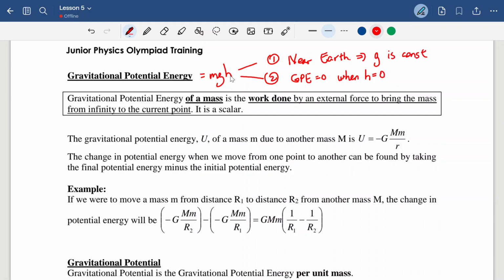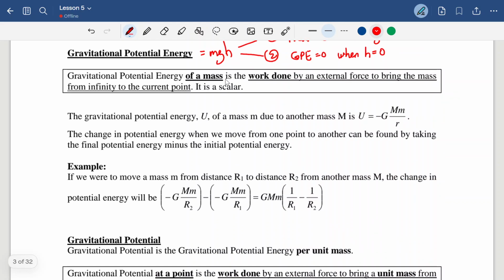It may not be just for Earth. You can use it near the Moon's surface, near the surface of Mars also. Any planet, the same thing. Now, when we go further away, this is the formula: negative GMm over r. The negative is important here.